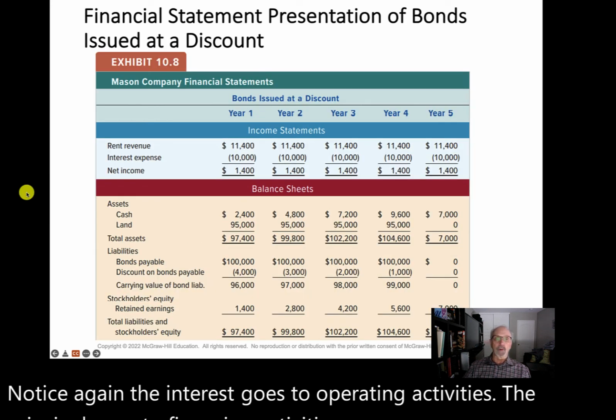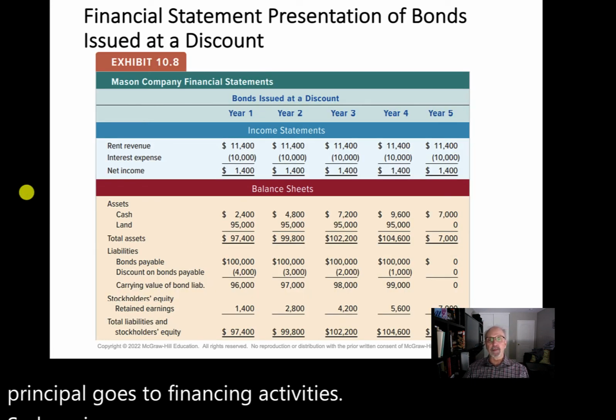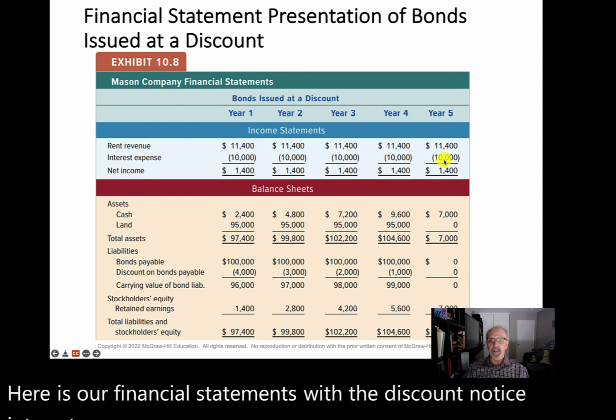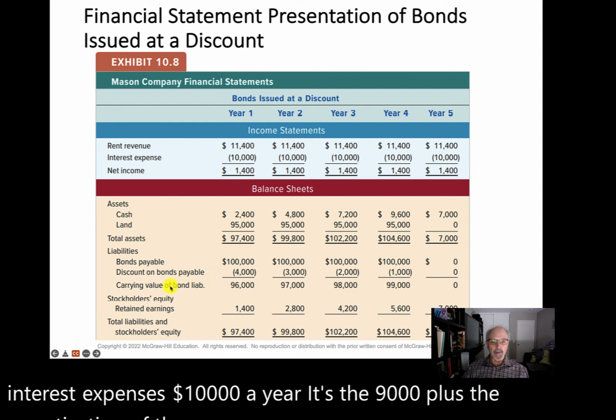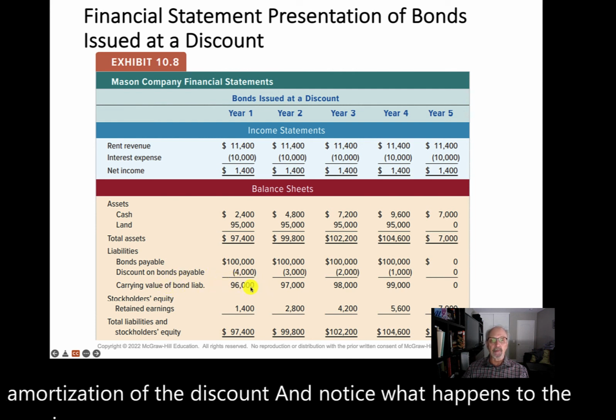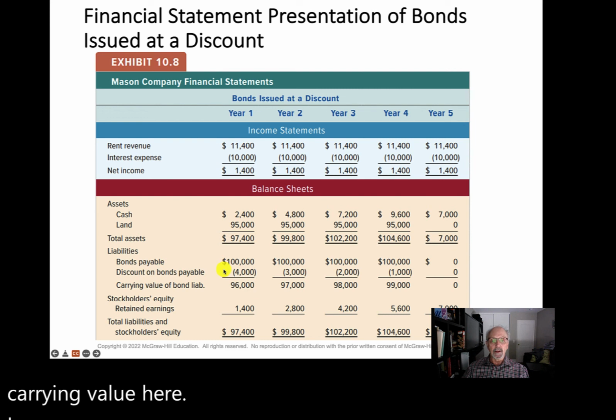So here are our financial statements with the discount. Notice, interest expense is $10,000 a year. It's the $9,000 plus the amortization of the discount. And notice what happens to the carrying value here. In year 1, the carrying value goes from 95 to 96.